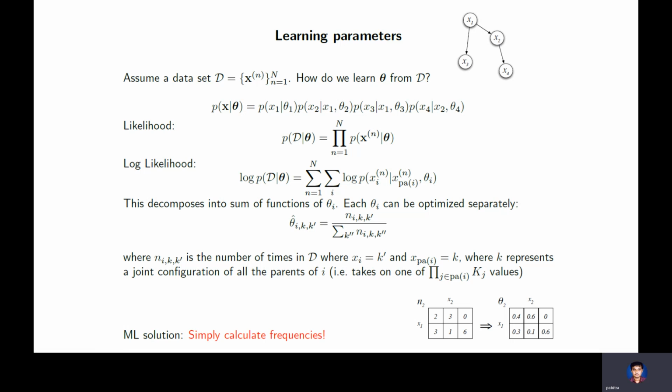In fact, if you have a discrete case, then it is very easy, because your training data will basically consist of a set of values. Suppose you have your training data, which looks like this.